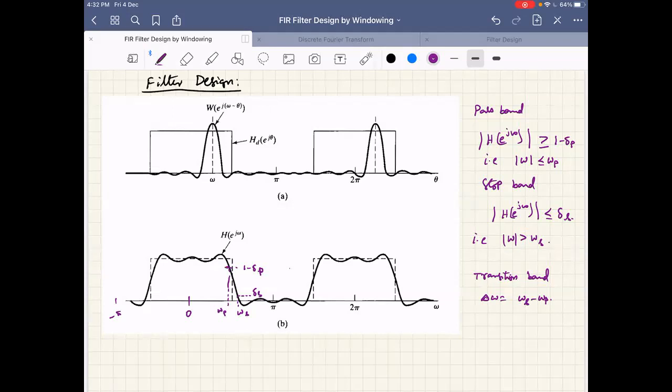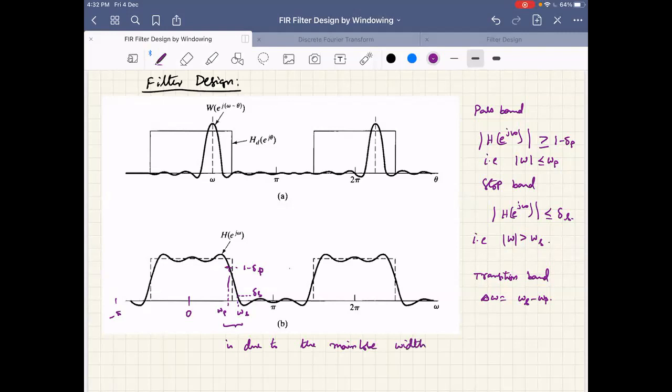Okay, so the understanding from this figure is that the transition band is due to the main lobe width.